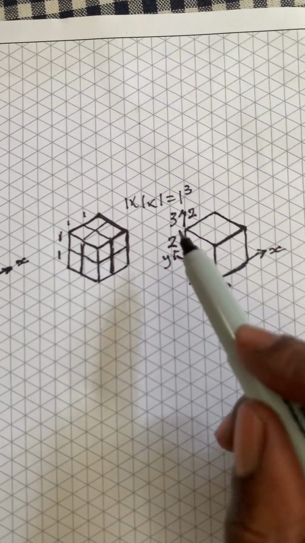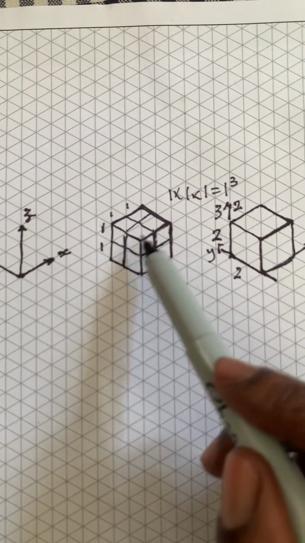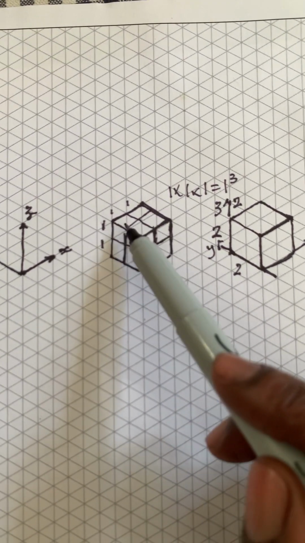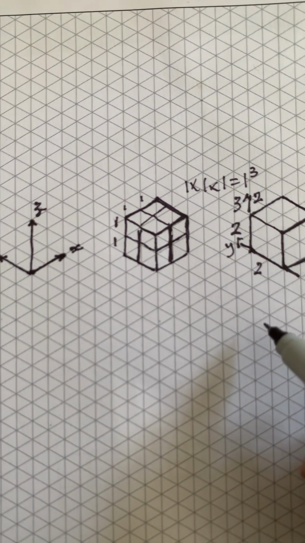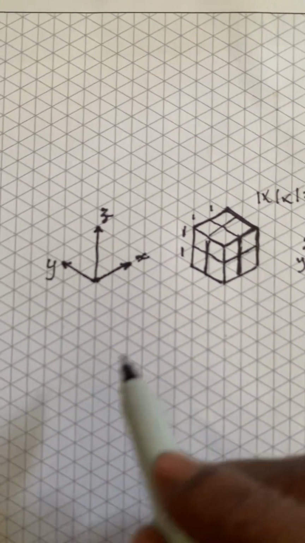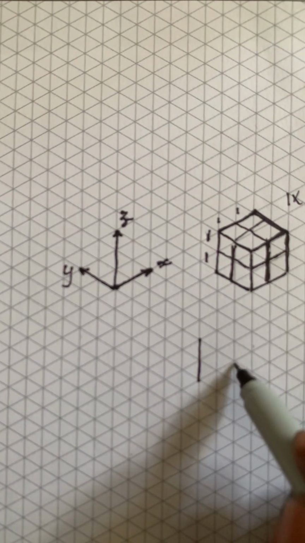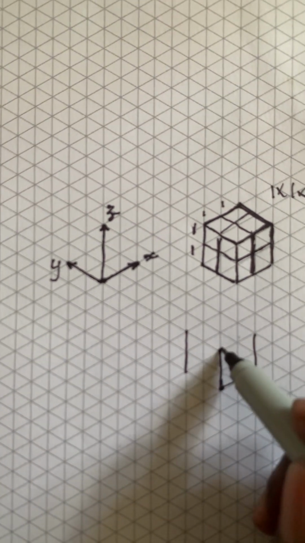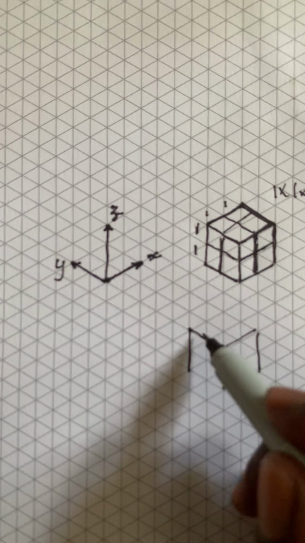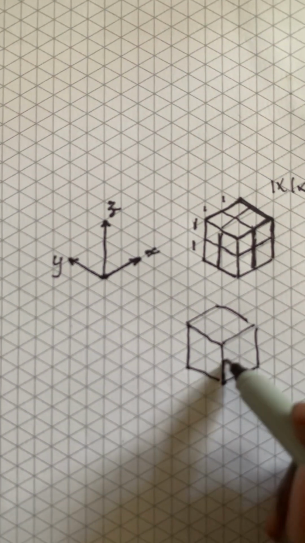Because it's 2 by 2 by 2, you can effectively count these boxes here. It means that you've got a total of 8 boxes that are drawn in a 2 by 2 cube. Isn't that cool?